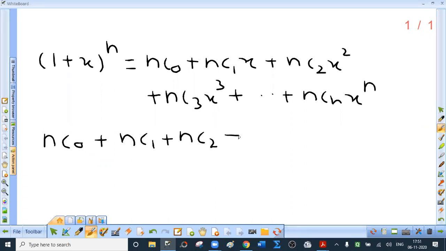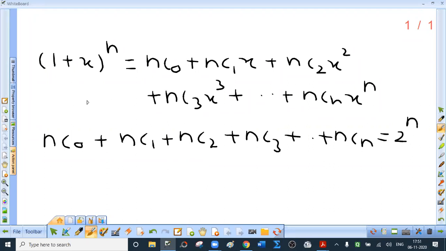So only nC2 plus nC3 up to what? Up to nCn. And put x equal to 1 in LHS. So 1 plus 1, that is 2. So 2 raised to n. Yes. So sum of binomial coefficients of order n is always 2 raised to n. So if index is 10, 2 raised to 10, that is 1024. I hope you understood this.